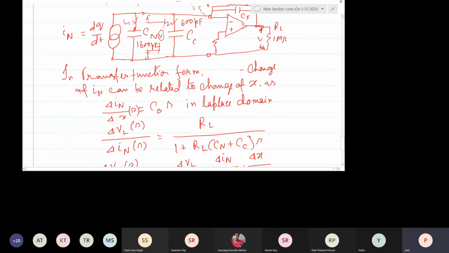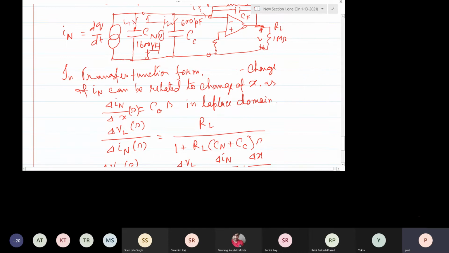IN is equal to I1 plus I2 plus I3. So I3 is equal to IN minus I1 minus I2. I think from this it will come, so I can do it afterwards and show you.